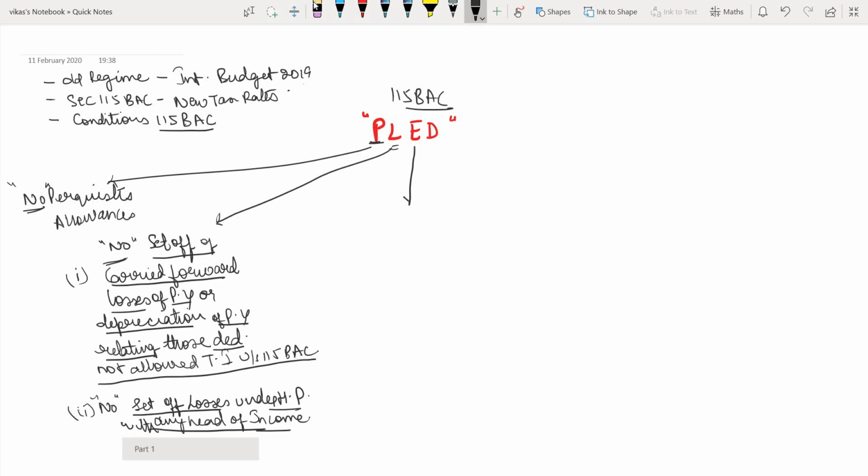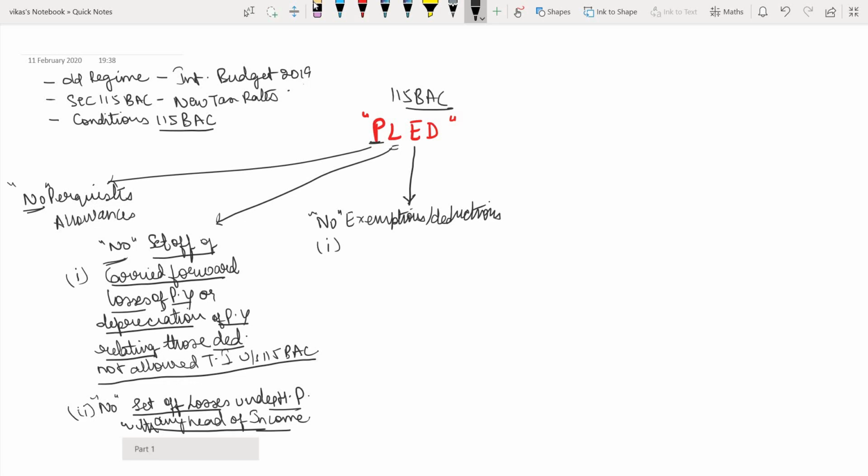Now what do you mean by E over here? E over here is no exemptions or deductions. Now, what are those exemptions or deductions which are not allowed?